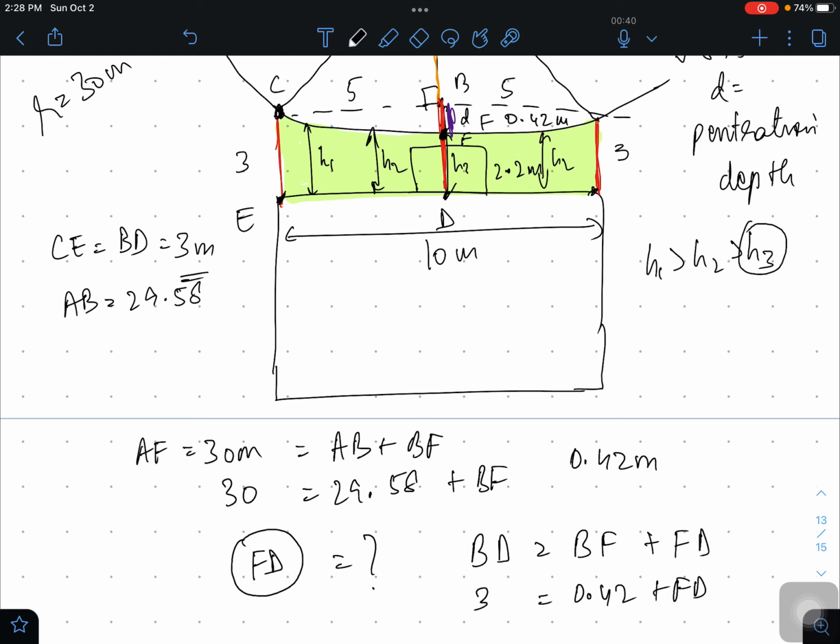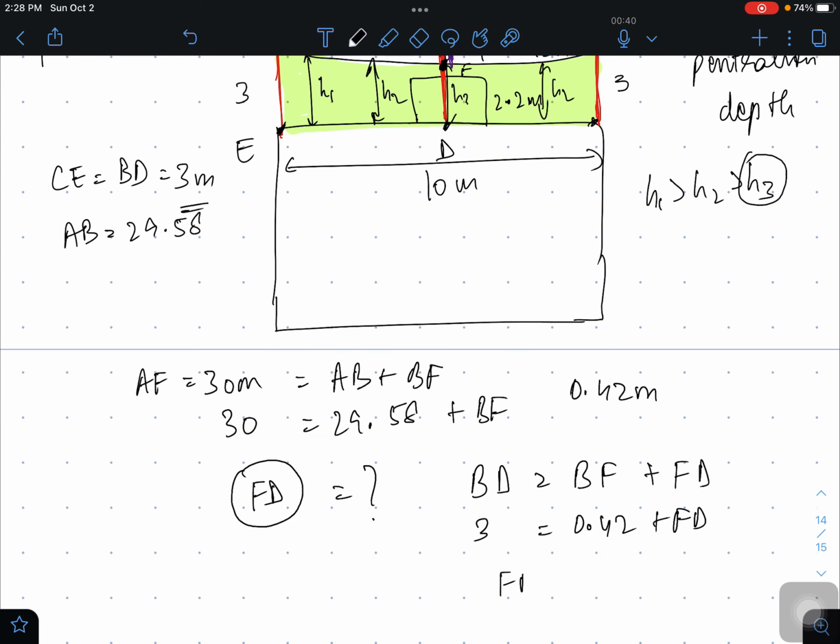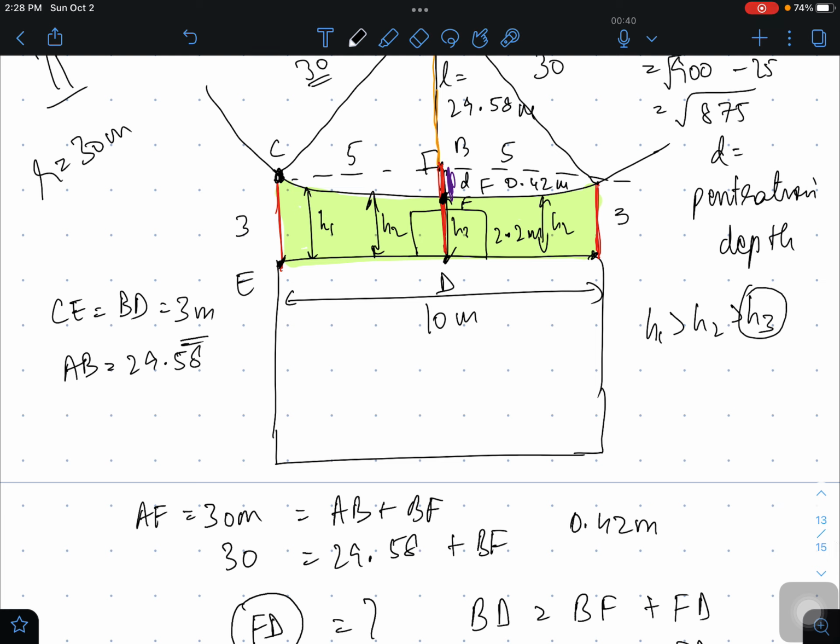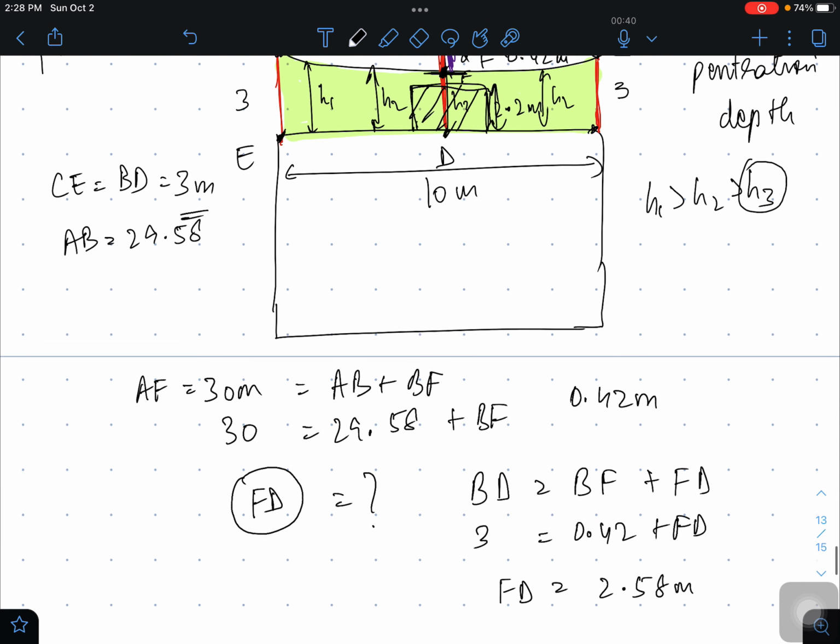So FD you have found is 3 minus 0.42, which is 2.58 meters. So that means your equipment, which had a height of only 2.2, is protected because the protection zone goes till this point, which is the worst case, and this worst case is 2.58 meter from this reference plane. So our equipment is protected.